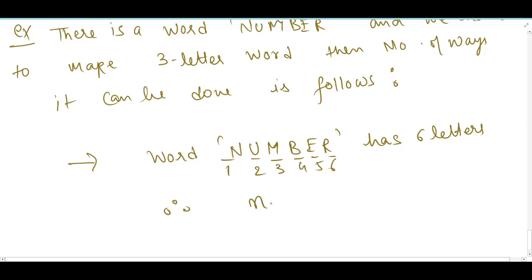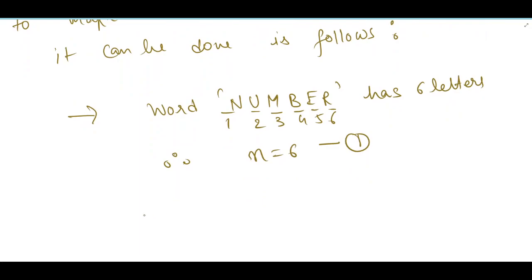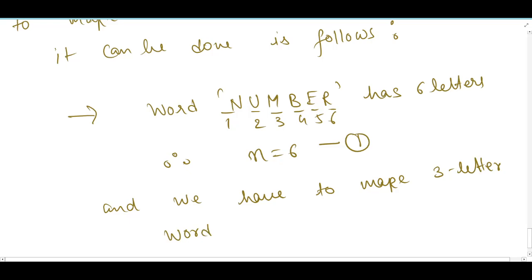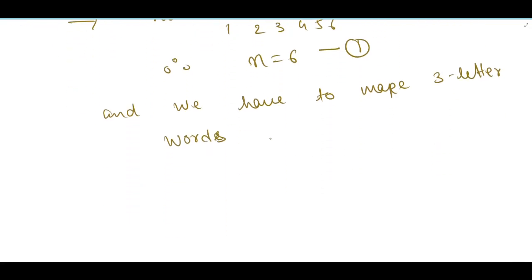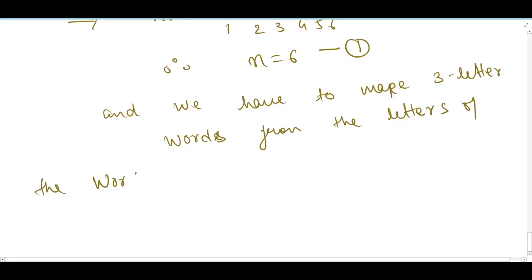Therefore we can say n equal to 6. And we have to make a three-letter word from the letters of the word number.